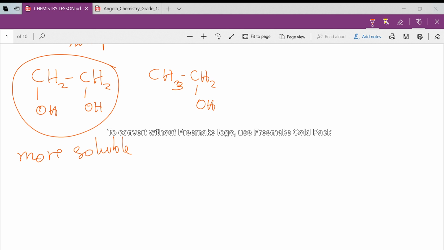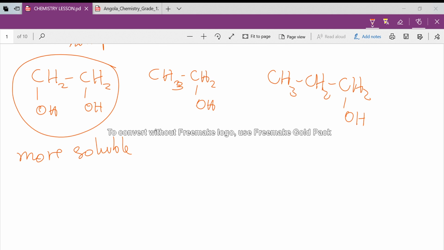Now, for the same OH groups, if we have more carbons, for example, here propyl alcohol or propanol, CH2, CH2, OH. Now we have 3 carbons and 1 OH group here, and we have 2 carbons and 1 OH group.